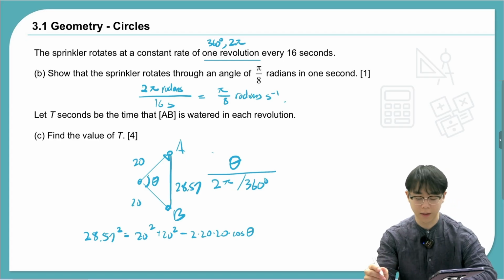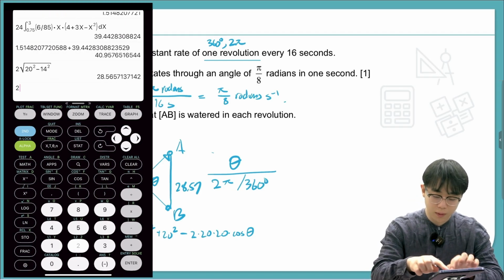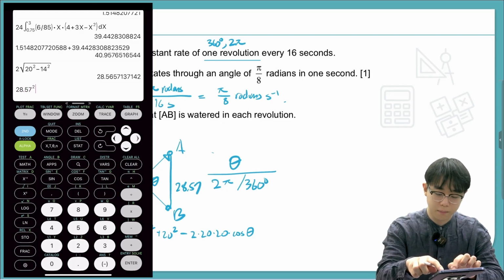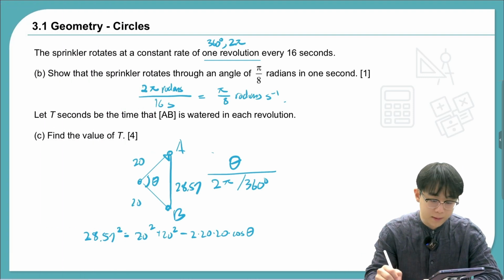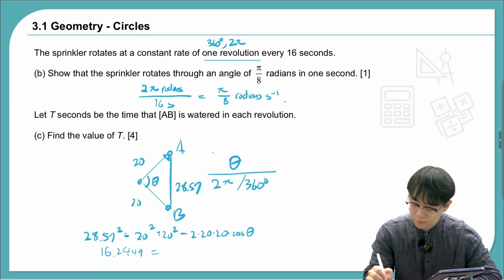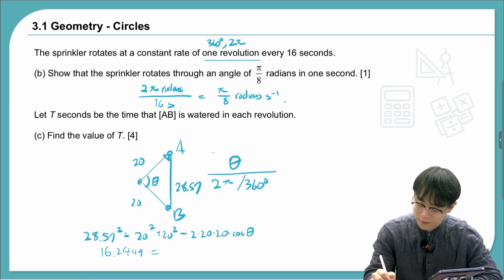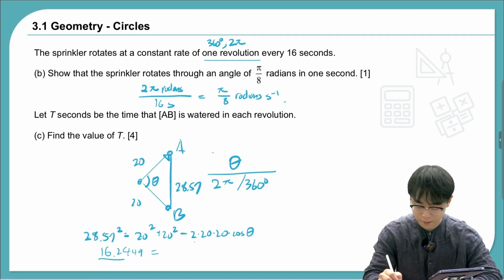And we can solve for what theta is going to be. So we could have 28.57 squared minus 2 times 20 squared. So organizing this one, we'd get 16.2449 all over negative 2 times 20 times 20, so that's like 800. So negative 800.